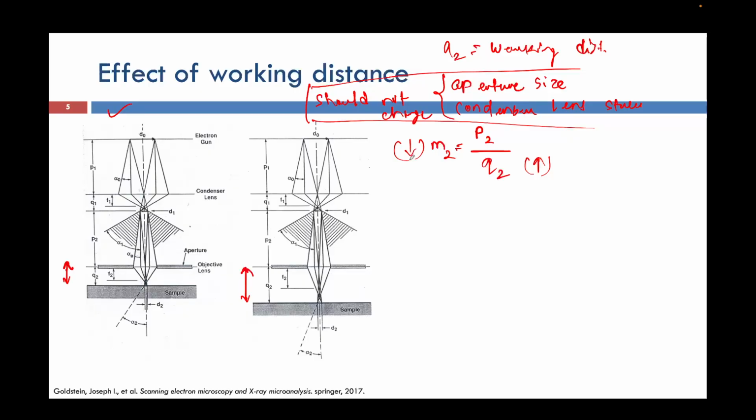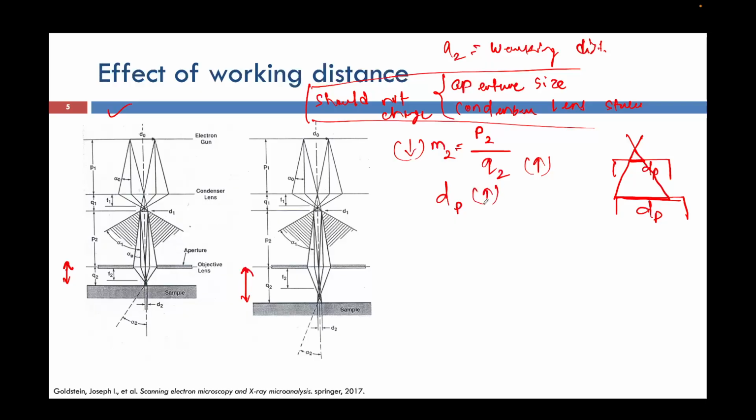My d2 here, it was focusing, let's say on this, like this was my dp. Let's say I increase the distance, my sample is currently like that, then the ray which is coming like this will have a much larger dp, right? And dp will be higher.